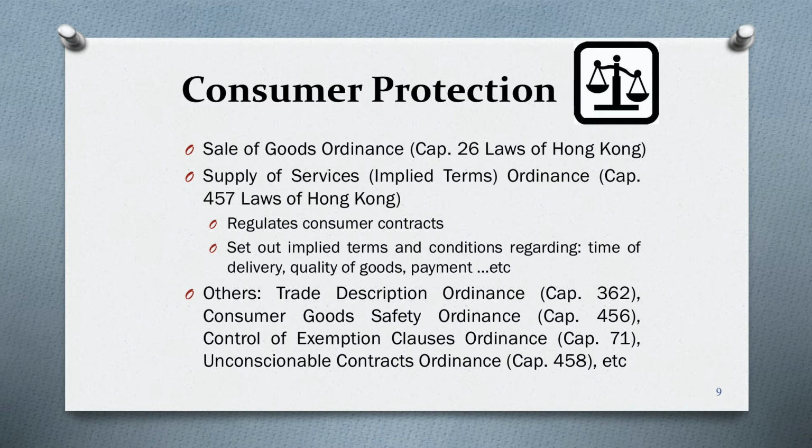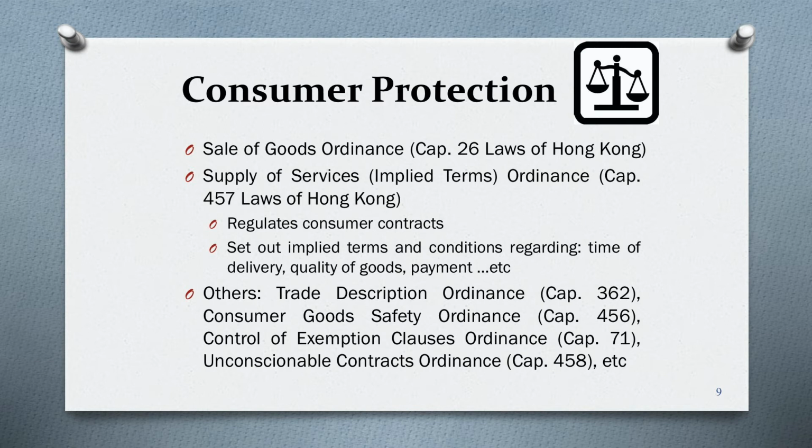Okay? For example, as I said earlier, with a lot of sellers in Hong Kong, there are a lot of terms printed at the back of the receipts. These ordinances will say, in relation to any exemption or restriction clause, these clauses will only apply if they are fair.